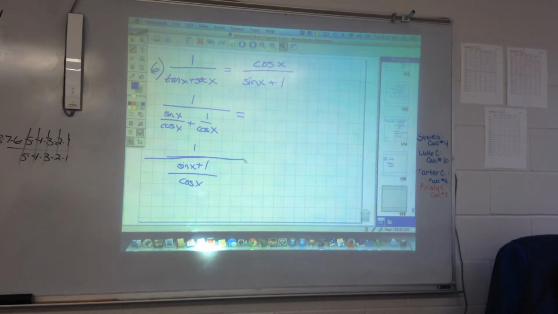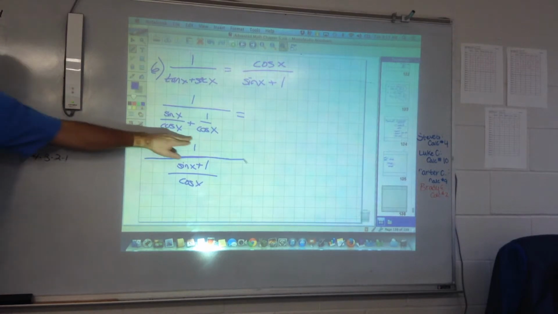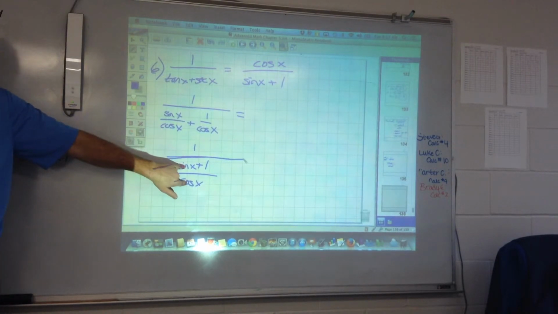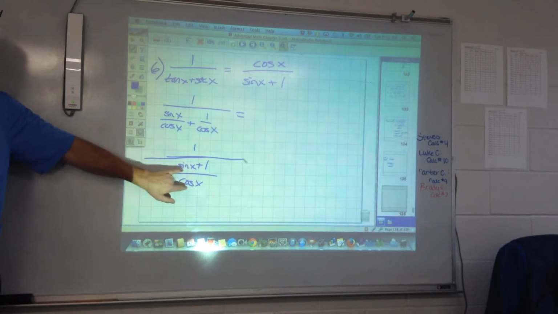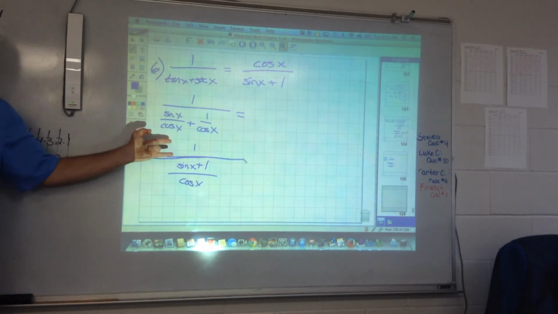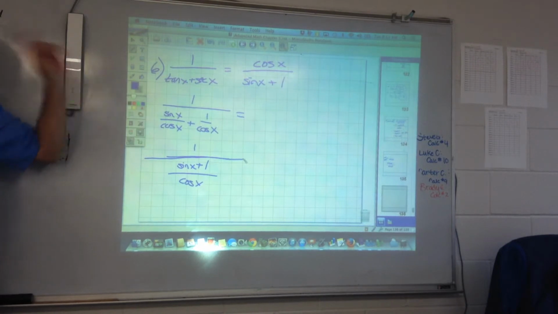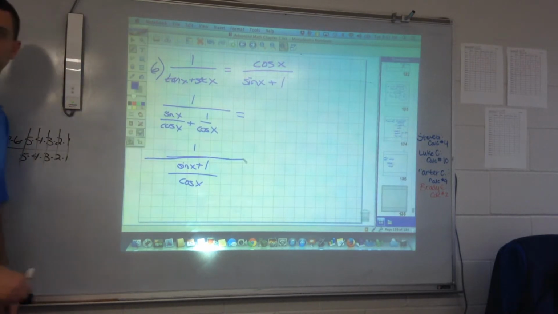And now you have 1 divided by a fraction. So really you just take 1 and multiply by that fraction's reciprocal, and what do you get? Exactly what we want, right?